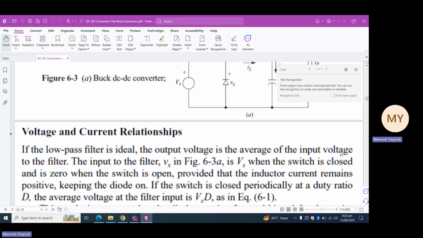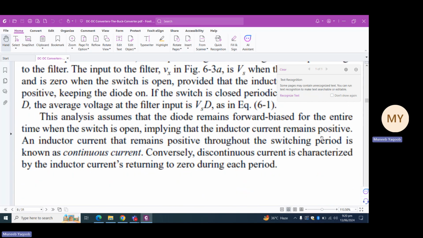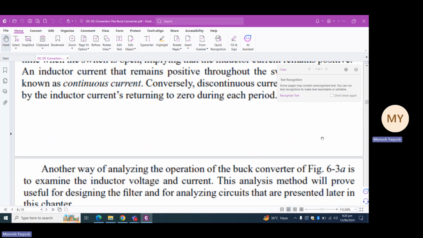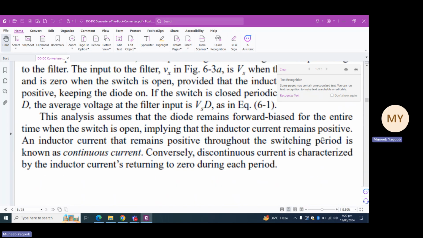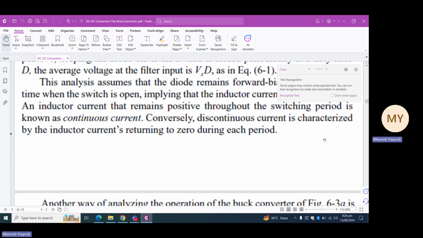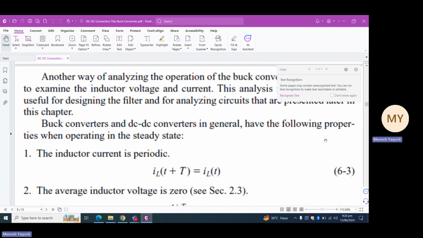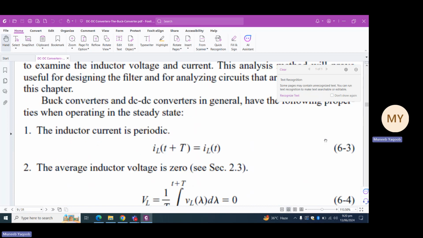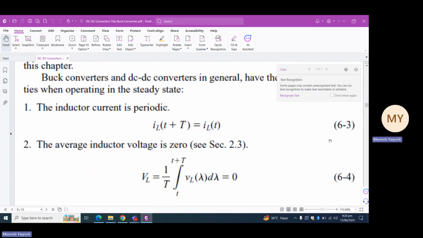So in order to have a detailed insight of this circuit, we can perform some assumptions. So what are those assumptions? Those assumptions are basically that the inductor current is periodic, which is represented by equation 6.3. Similarly, we assume that the average inductor voltage is 0.